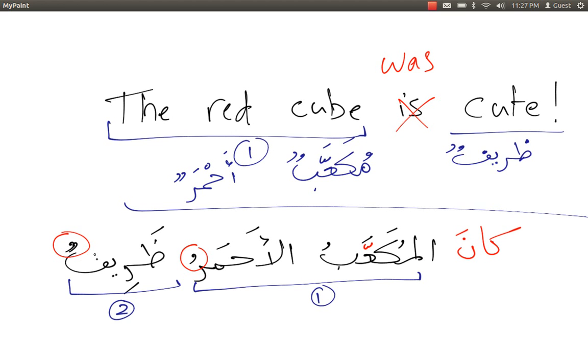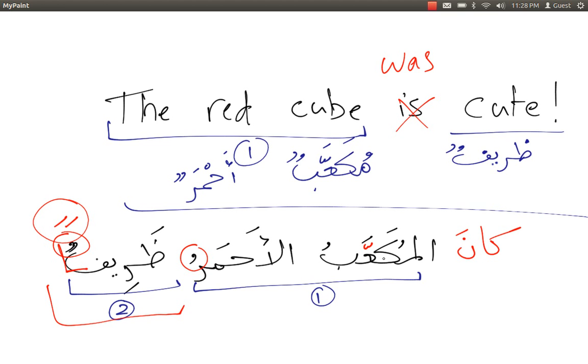It's the piece of news that we delivered, which is equivalent to cute. This is what changes to ظريفا. From ظريف to ظريفا, we change the dhamma to fatha. Okay? So again, kana, if it comes at the beginning, we will take the piece of news and we will change it to fatha.